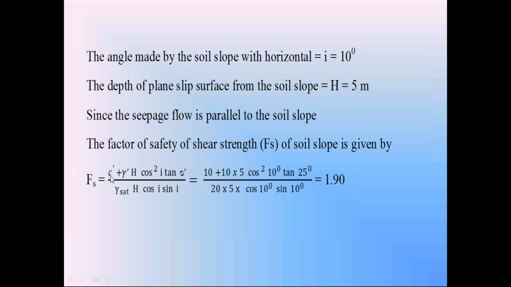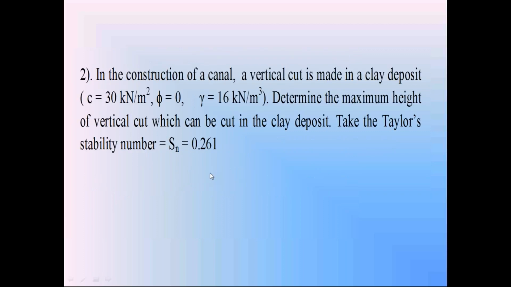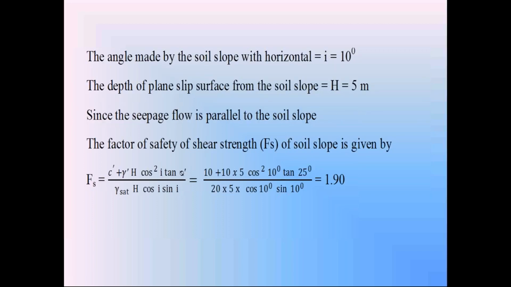In this equation, they are given in the problem the cohesion c equal to 10 kilonewton per meter square. They are given gamma saturation as 20 and gamma W as 10.